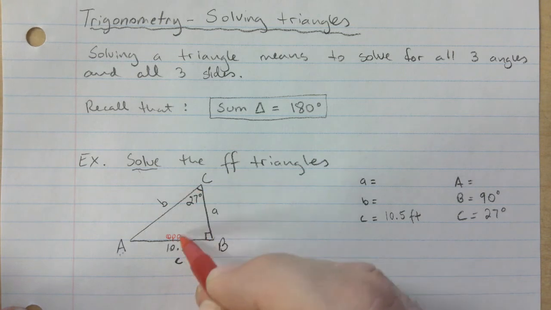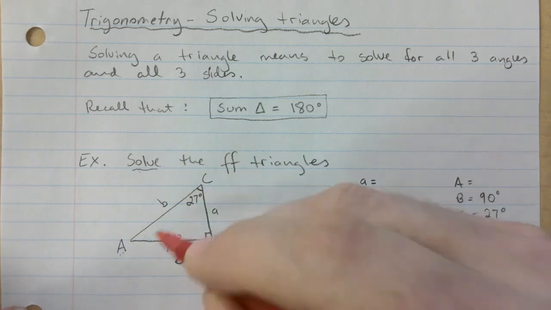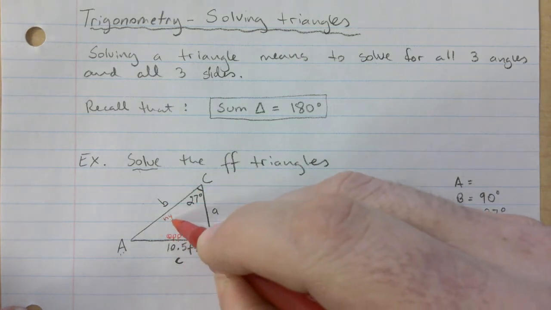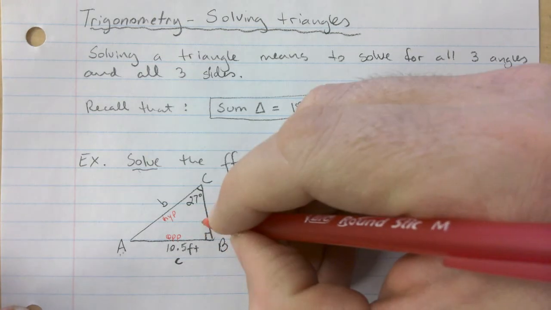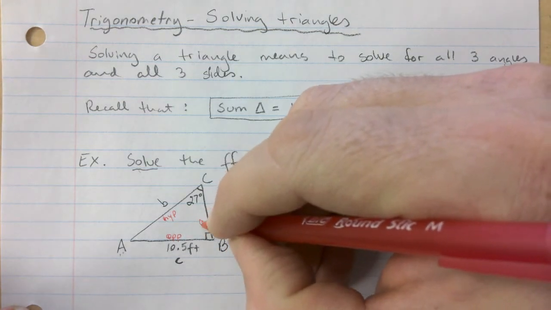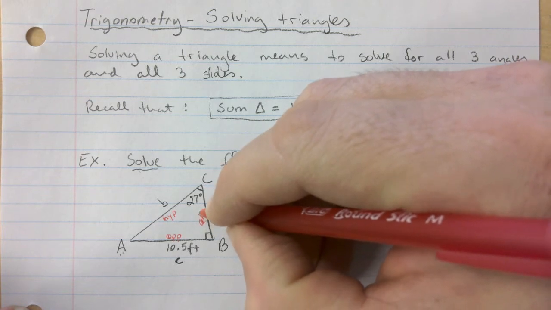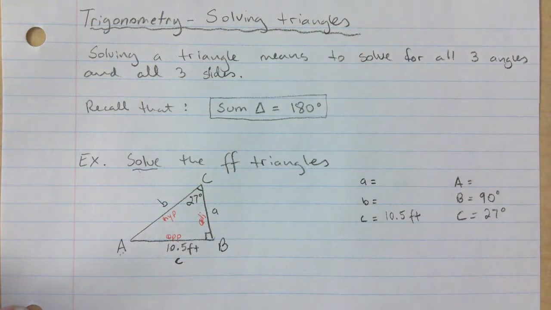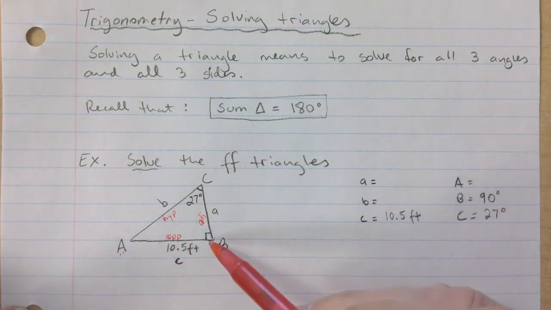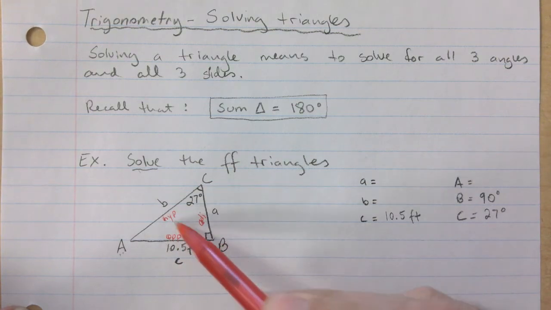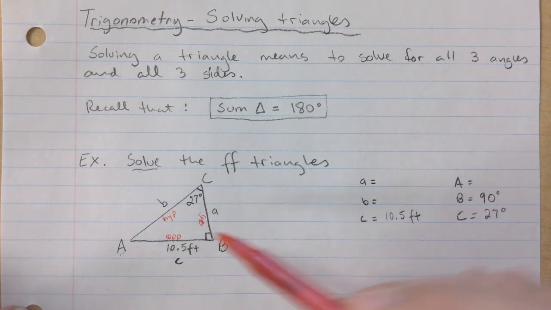If this is the angle and this is the opposite, this is the hypotenuse, and this is my adjacent. Okay, so opposite is across the angle given, hypotenuse is always across the 90, and adjacent has to be the third side.